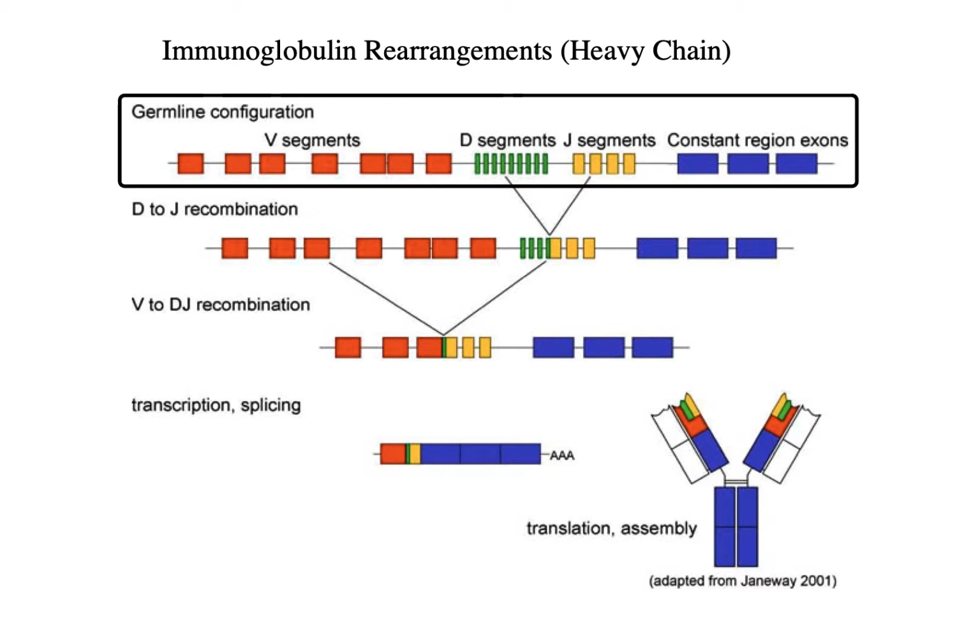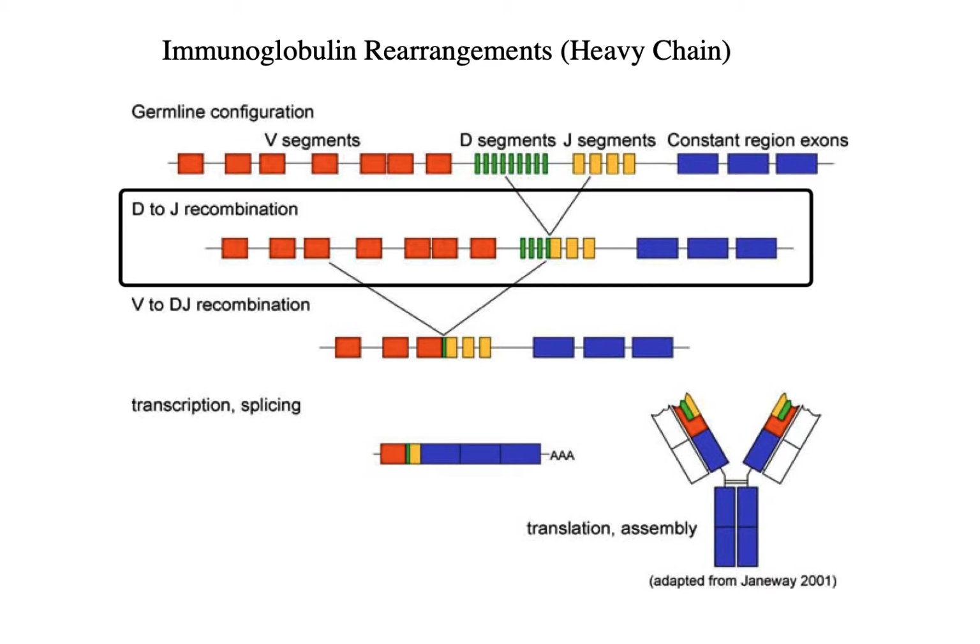And in the gene, on the chromosome, it's set up this way. There are many variable red sections, many D segments, many J segments, and 3 or 4 or more constant regions. So early in the maturation of that cell, you get recombination between the D and the J segments. And that's in the DNA, so now the DNA has changed. It won't change back. It's lost that central section of that gene.